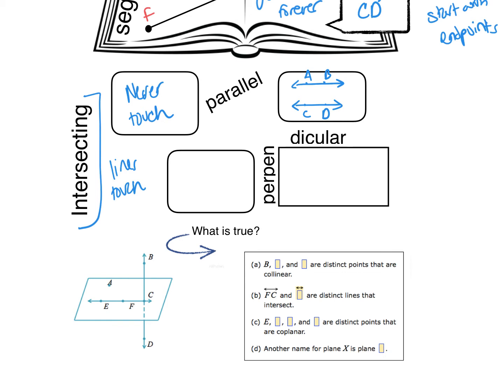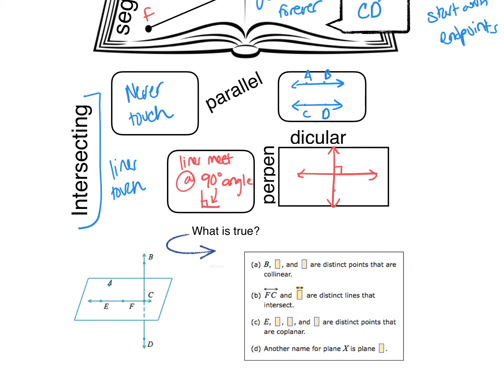Perpendicular lines, on the other hand, are lines that meet at a 90-degree angle. Remember, a 90-degree angle forms a perfect 90 degrees, and there's even a little box to indicate that there is a 90-degree angle there. So perpendicular lines are 2 lines that do intersect, and they meet at a 90-degree angle, which is usually marked by a box.